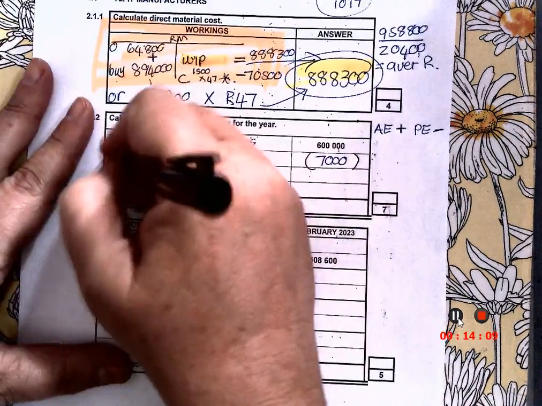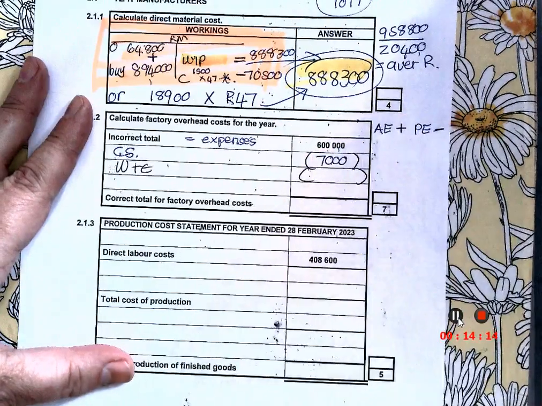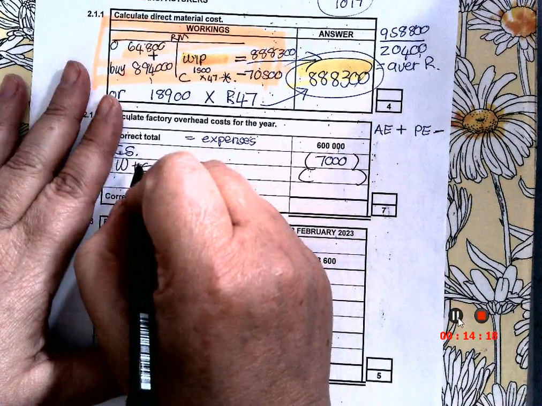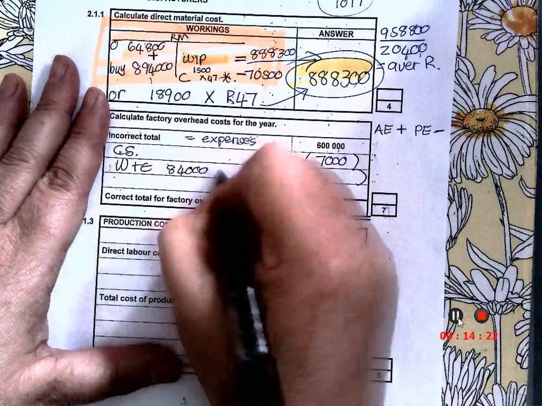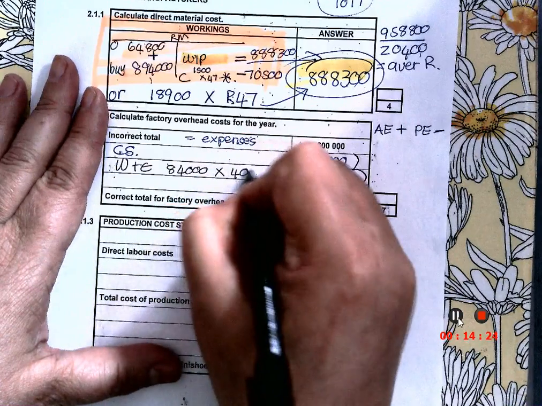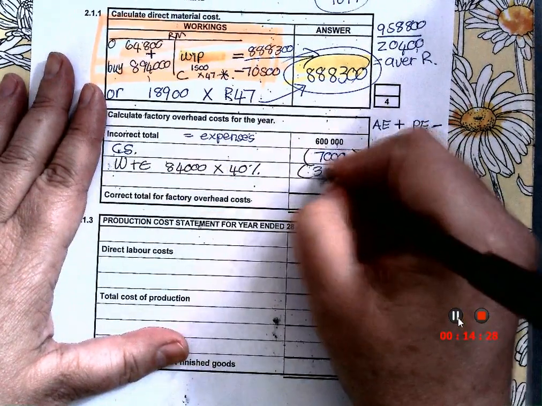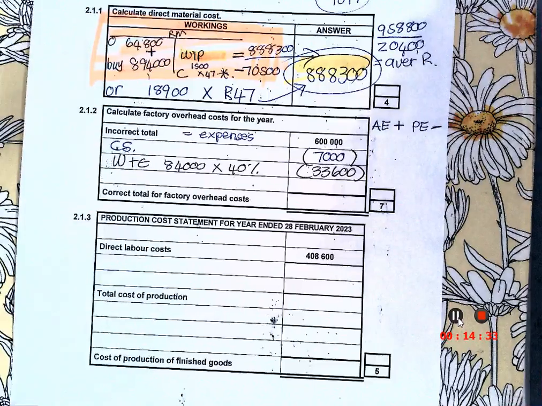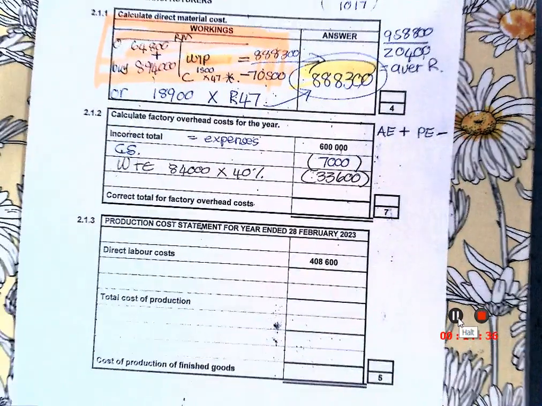So can you see with this water and electricity, I want to subtract 40%. So I take the total of 84 times 40%, and that gives me 33. Yes, the water and electricity, right?